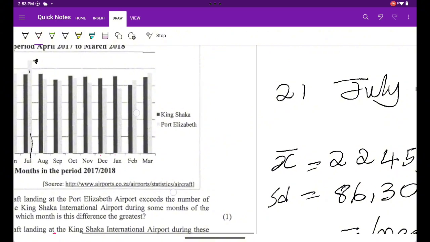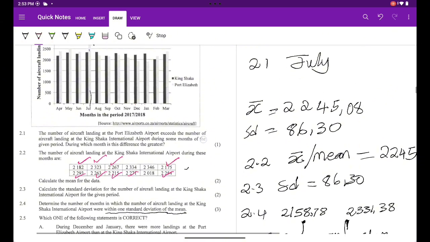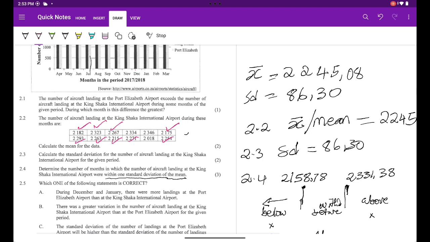Okay, let's check another one. Number B, they're saying there was a greater variation in the number of aircraft landing at the King Shaka International Airport than at the Port Elizabeth Airport for the given period.